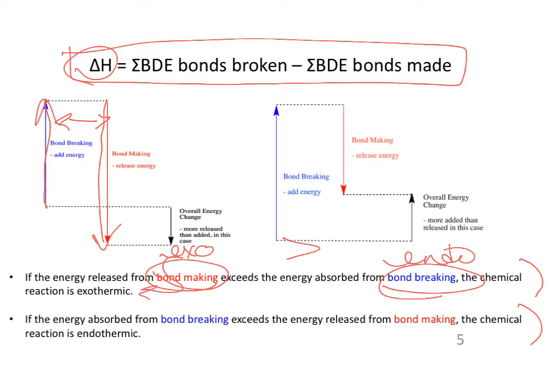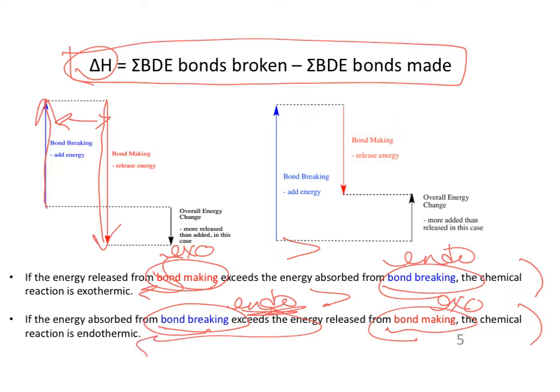On the flip side, if the bond breaking energy, which is endo, is larger than bond making, which is exo, that means endo wins, and overall the reaction is going to be endothermic.